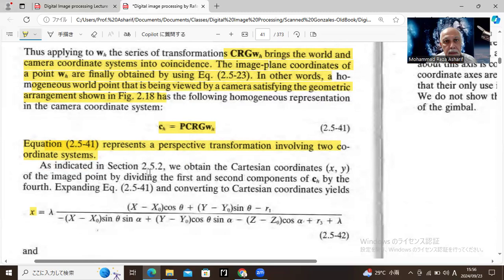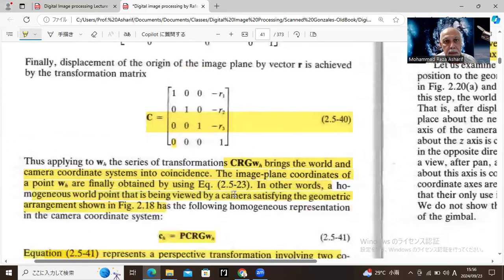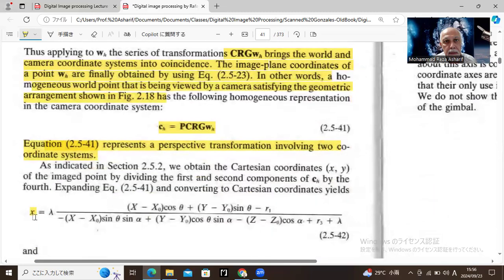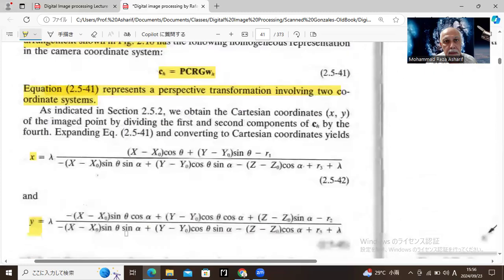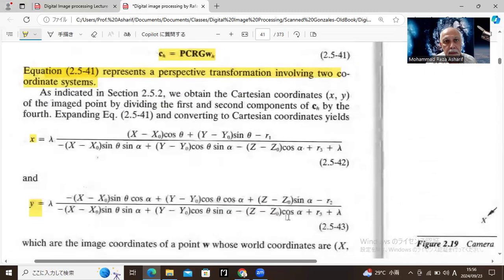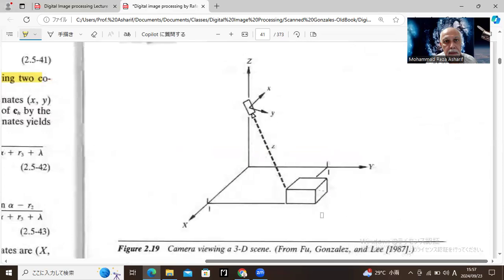So after this calculation, if you multiply all these matrices, you obtain the image coordinate x, which is this, and y, which is this. In the simple case, if they are matched, you will reduce to the same very simple equation I told you previously.